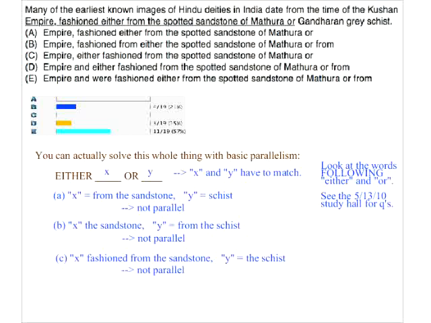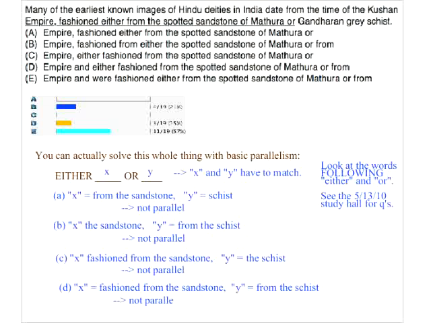In D, the words following "either" are "fashioned from" again, but the words following "or" are just "from the schist." That's not parallel.